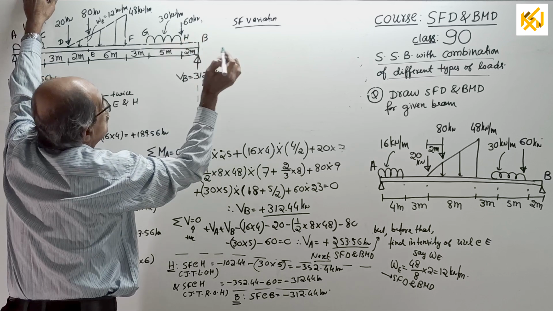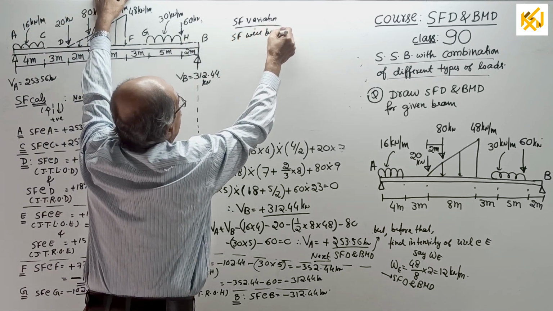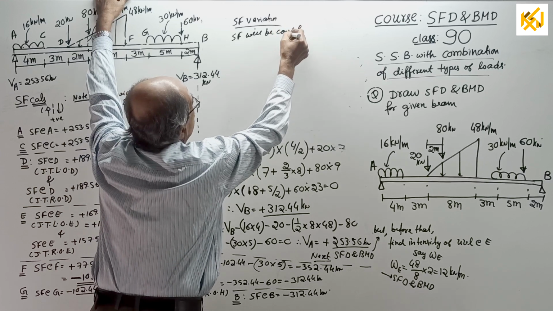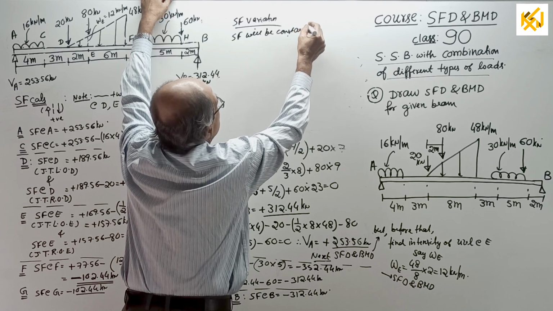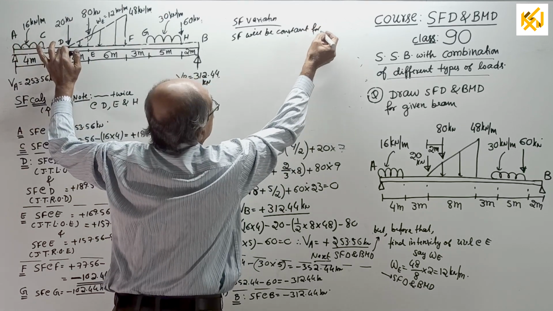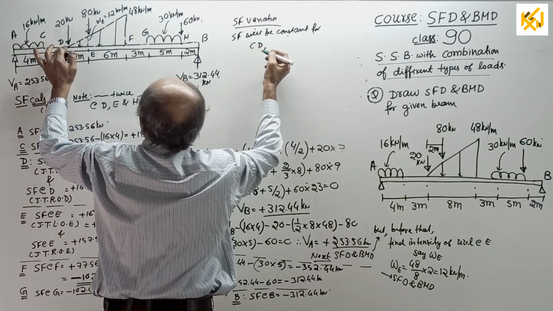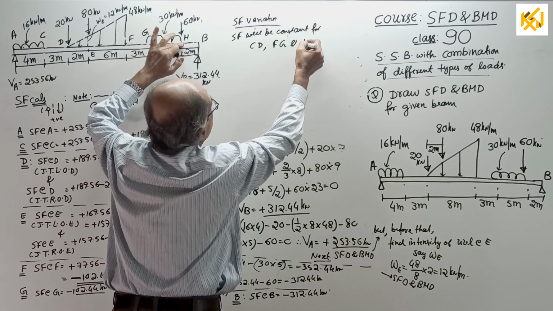H to B, no load. So SF will be constant. I'll put full constant, for the CD portion, then the FG portion, and also the HB portion.